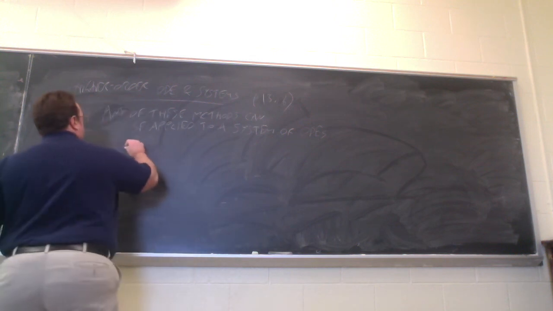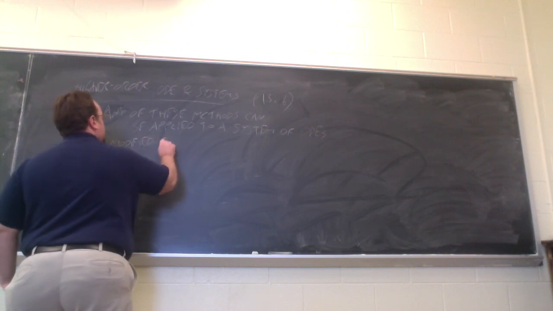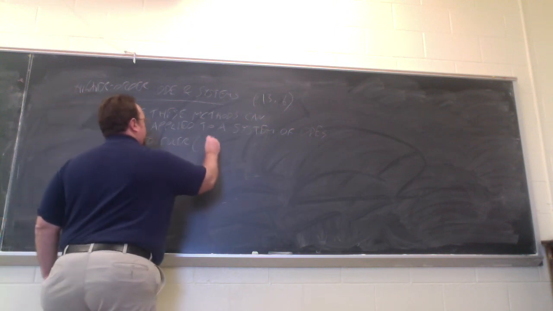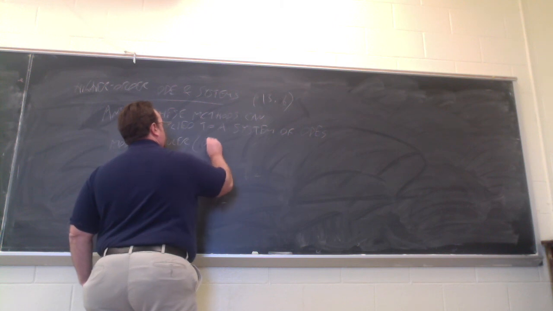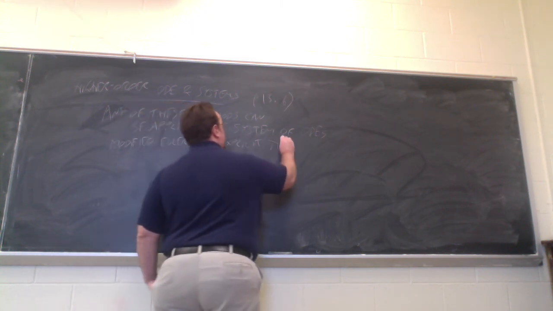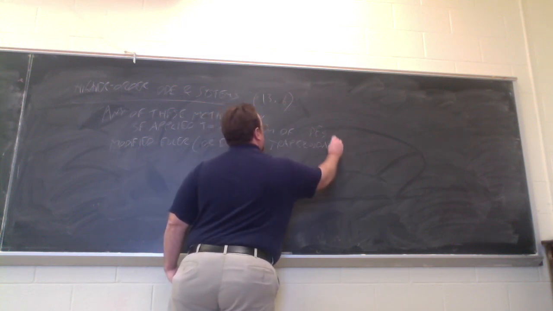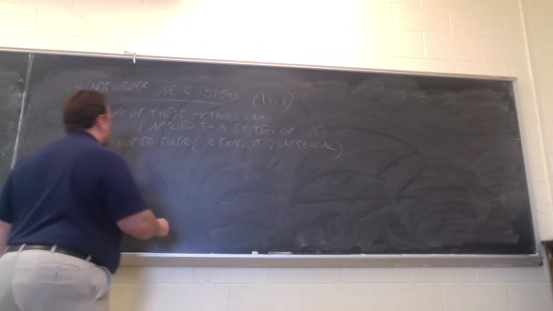So for example, I'll just say modified Euler method, which is also known, so I want you to get this in your notes, the explicit trapezoidal method as opposed to the implicit trapezoidal method that I just showed you.